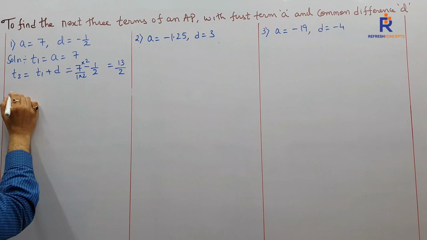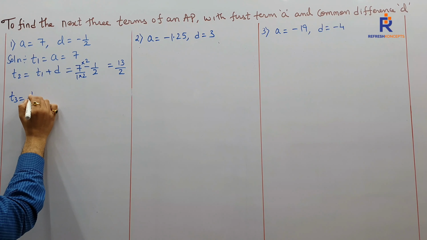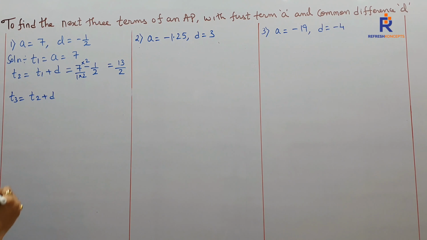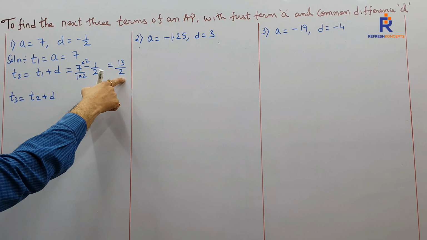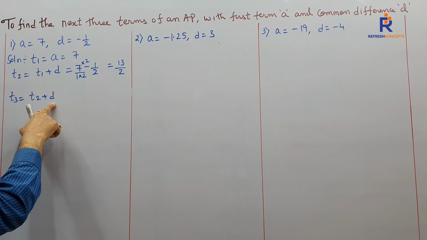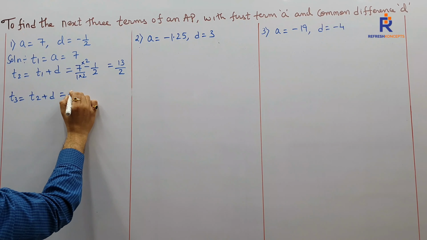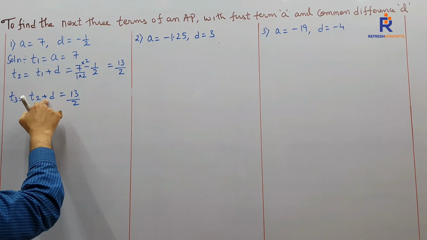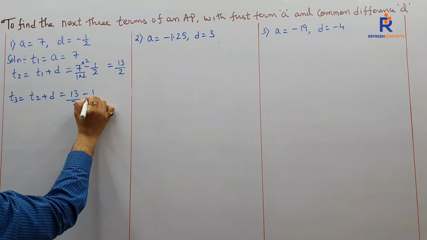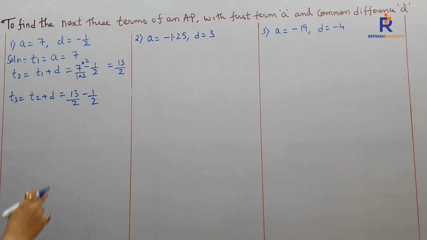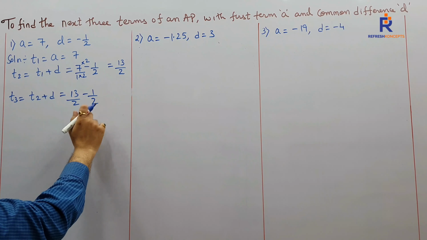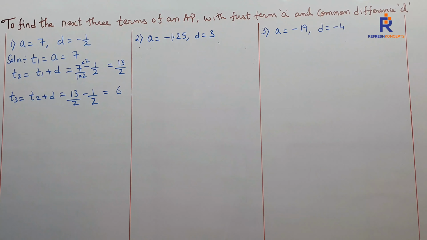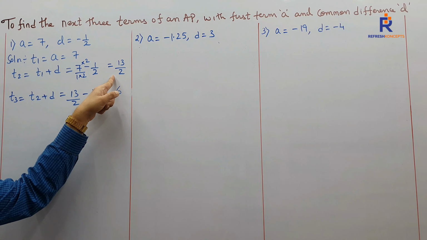How about the next one? T3. T3 is T2 plus D. So this is my T2, 13 by 2, plus D, but our D is minus half. Quite simple. 13 minus 1, 12 by 2, answer is 6. There are many who must be wondering, sir, why not 6.5 minus half?